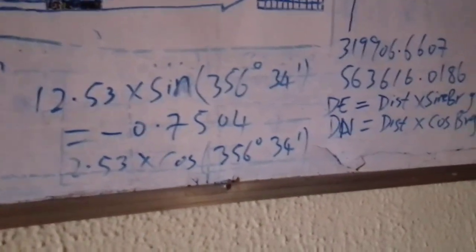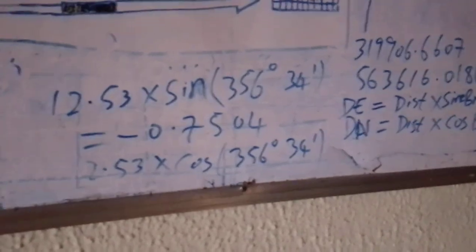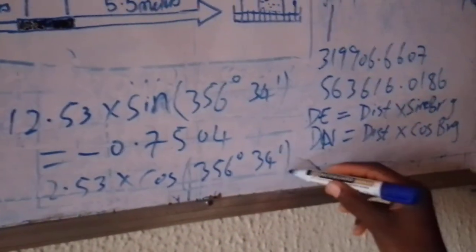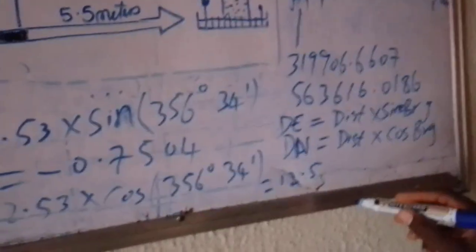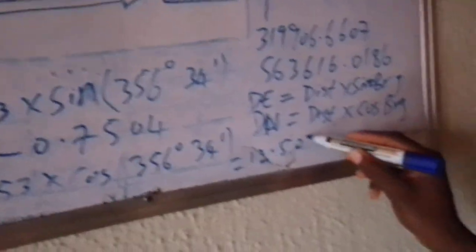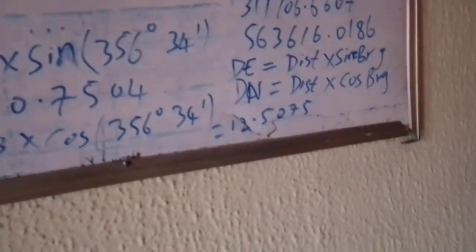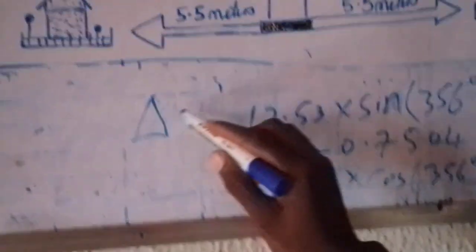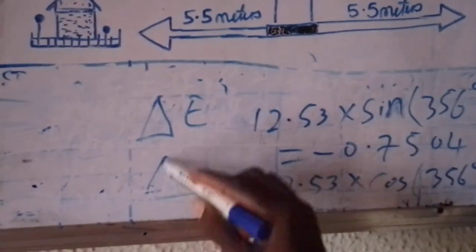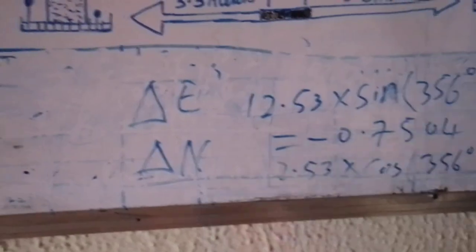This will give us a value of 12.5075. So this is the delta easting and delta northing.